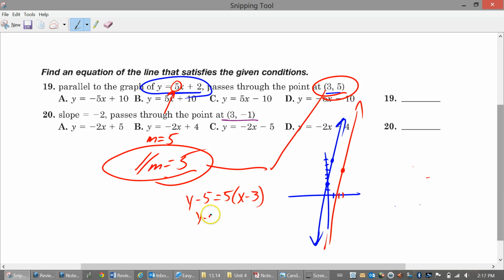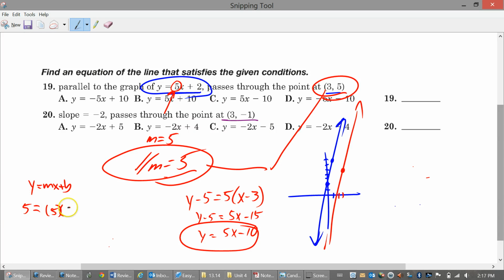Okay, distribute. We get y equals 5x minus 10 if you do it that way. Another way that I do it would be putting it in here. You put your y as 5, your slope being 5 and your x being 3.